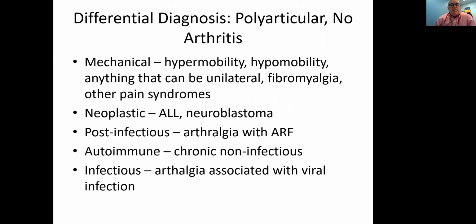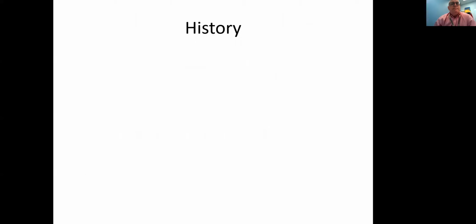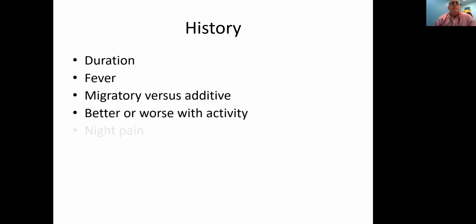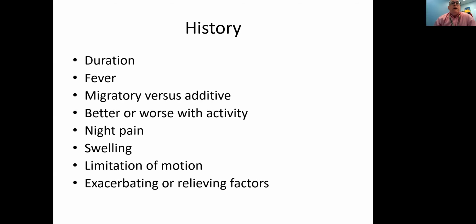And then arthralgia associated with viral infection can be polyarticular without arthritis. So in history, the biggest thing we talked about was duration and acuity of presentation. We've talked about most all of these things.